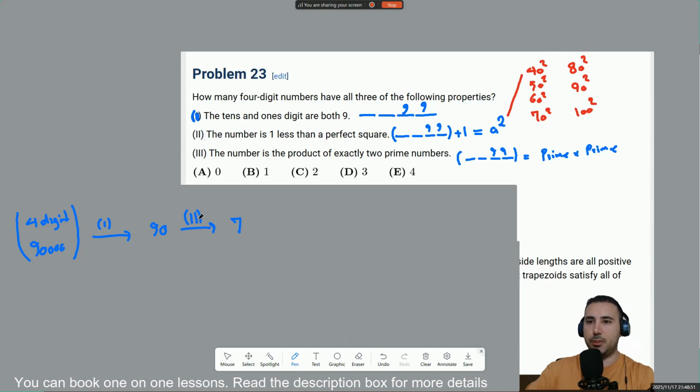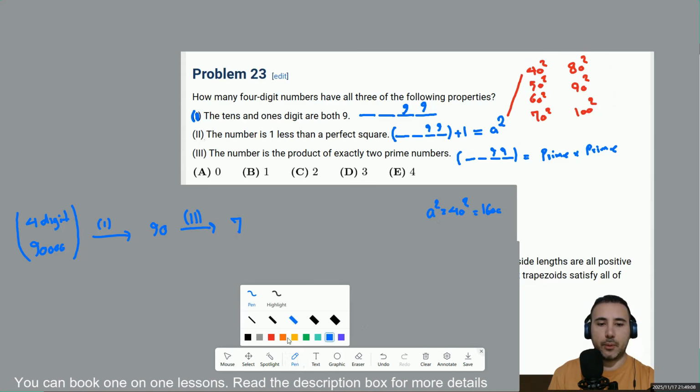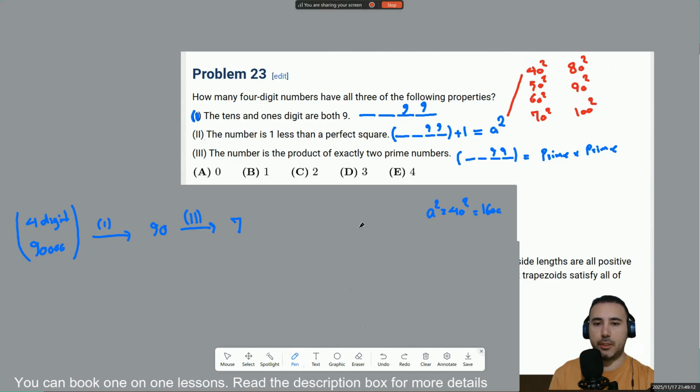40 squared, 50 squared, 60 squared, 70 squared. Now, if a squared, for example, is equal to 40 squared, so this is 1,600. Now, what is the number? The question here says the number. What is the number? The number becomes 1599 plus 1.